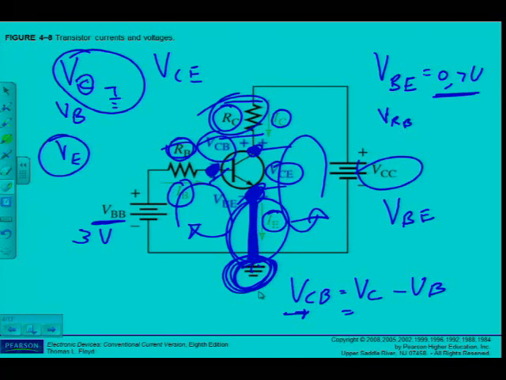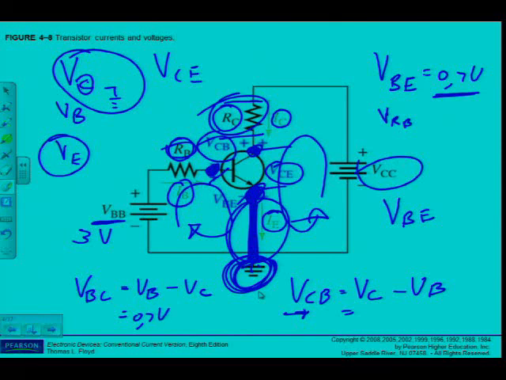But remember, I'm talking VCB. And what do I know? VBC is actually the value that I'm looking for, because remember that the base collector junction is reverse biased. So I would most probably ask you, what is the value of VBC? Which of course is VB minus VC. And we've seen that VB is equal to VBE. In this case, it's a small voltage, 0.7 volts. VC will be much larger.